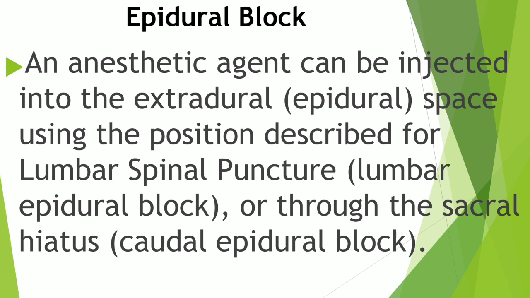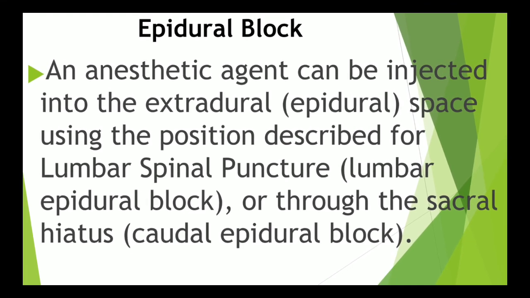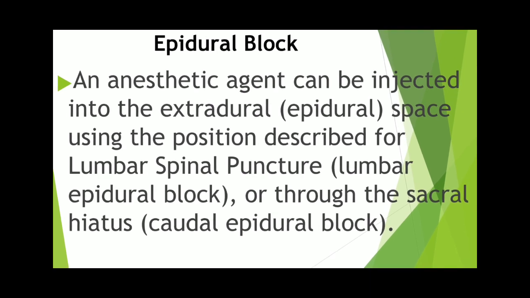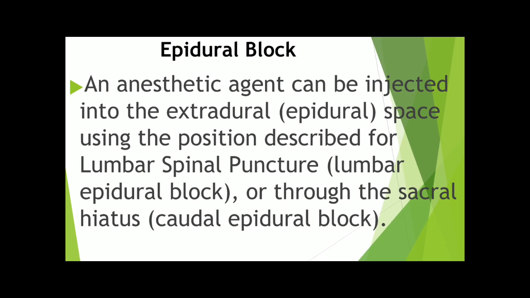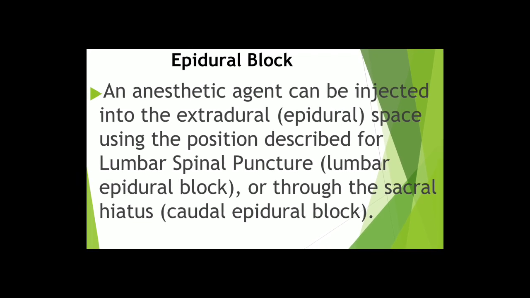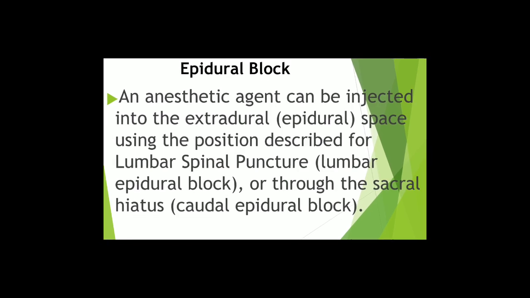But of course, it's a different needle, the needle containing the anesthetic agent solution that you want to use for the epidural block. But you insert it just the way you inserted the needle for the lumbar puncture. That is what you call a lumbar epidural block. The patient will flex the vertebral column. They could either sit and flex or lie on the side and flex.